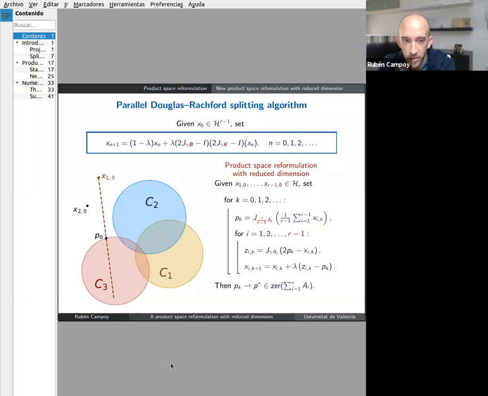So reflection, reflection, and middle point. And the same for X2. Okay, reflection, reflection, middle point. And from here, we restart the iteration. Middle point, projection onto C3. And so on, we generate the sequence PK, which is again weakly convergent to a point in the intersection in this case.